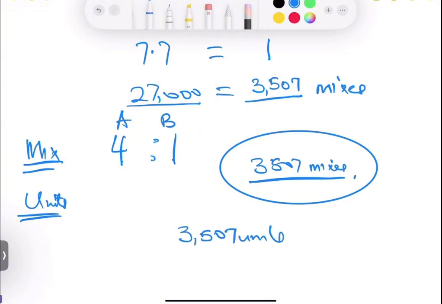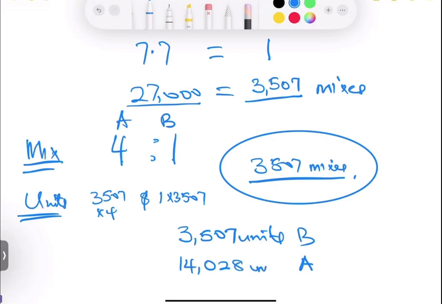So 3,507 units of B. And how many units of A? 14,028. So 3,507 times 4 and 1 times 3,507. So what do you get? 14,028, you said? Okay. That is the number of units to break even.